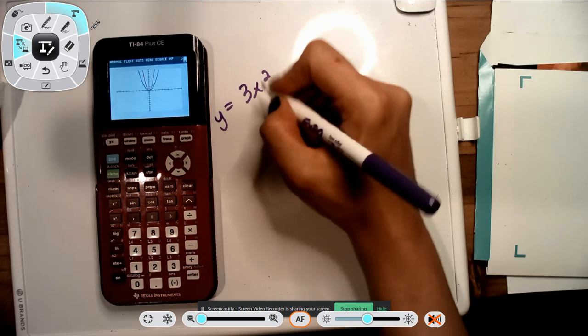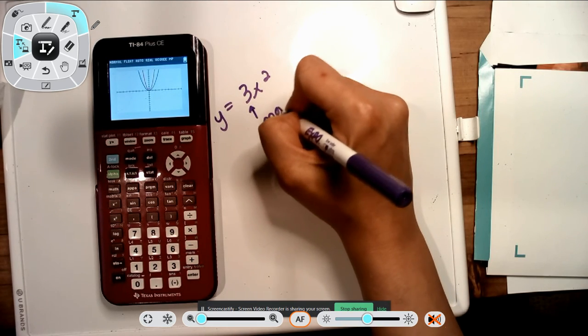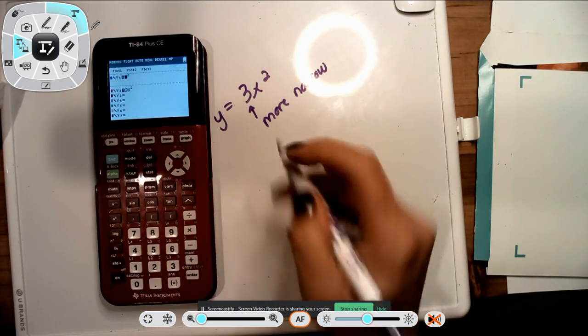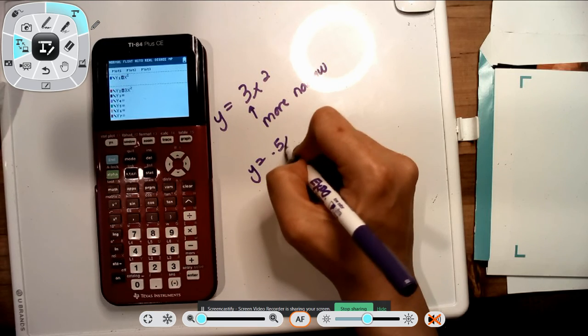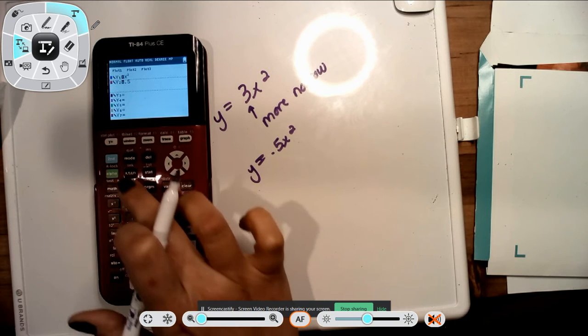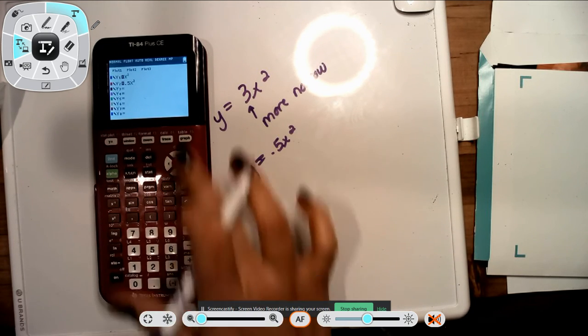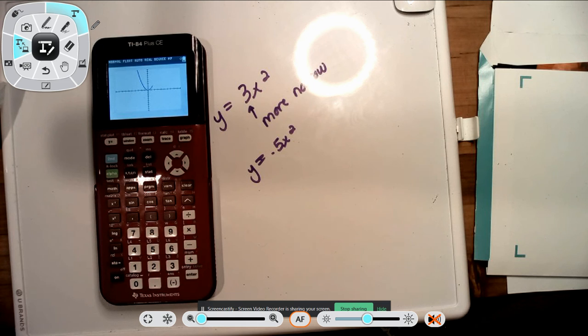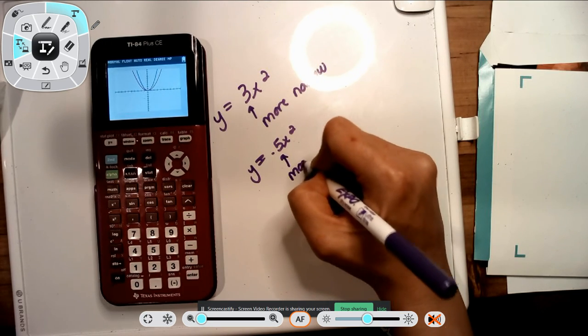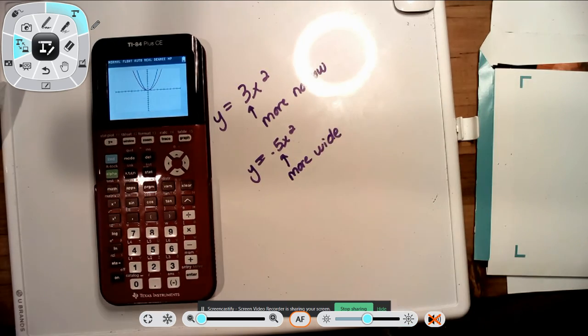Notice how it makes it more narrow. Okay, now if I change this to 0.5x squared, I'm going to keep the parent one. So I have my original. Now 0.5x squared comes out to be much wider. Okay, so those are how the different values affect your graph. Point to the ones that are circled.